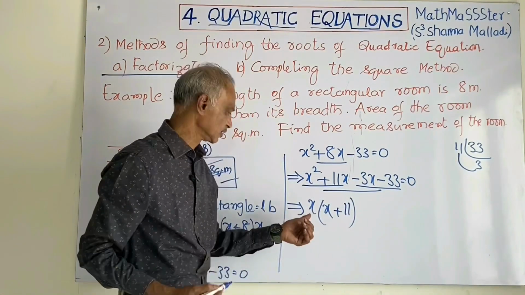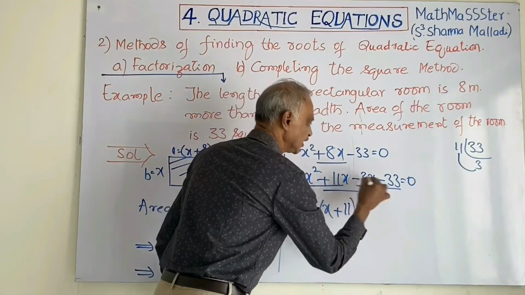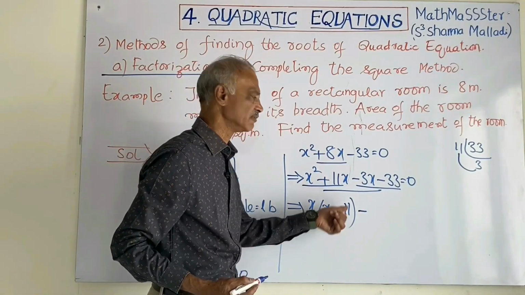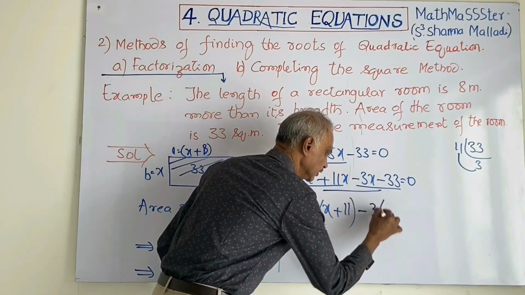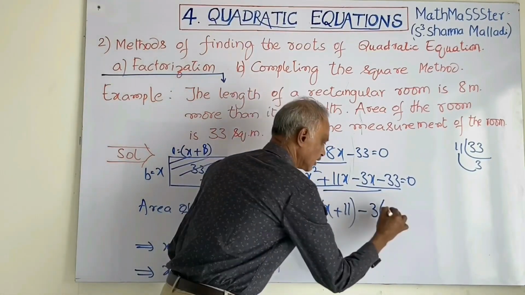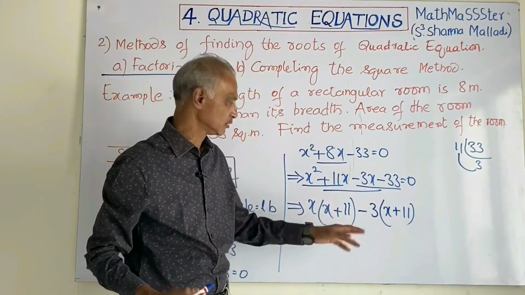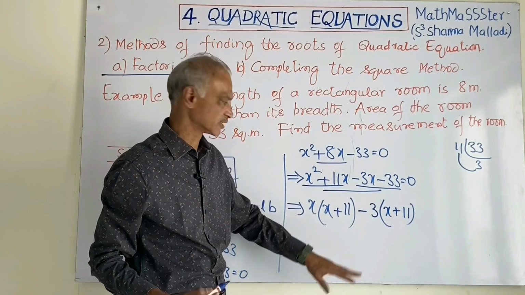Implies x into x plus 11. Check: x into x square, x into 11, 11x. Minus, you take minus common so that you should get x plus 11. What is the common here? You can take 3. You will get x plus 11. You check whether your answer is true or false. Let us check.